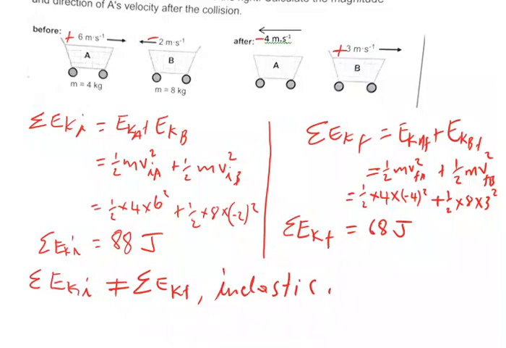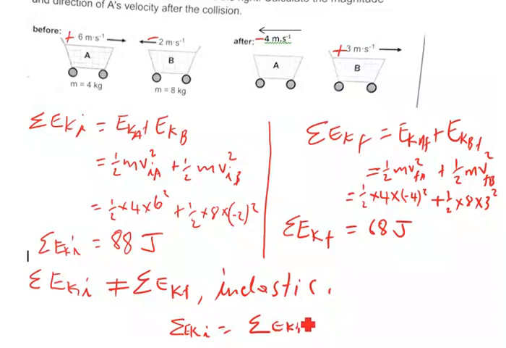That is the elastic and inelastic collision. If they said the collision is elastic, you know that the collision is elastic when the sum of EK initial is equal to the sum of EK final. Then you work on what is required. For example, they will say calculate the speed if the collision is elastic.